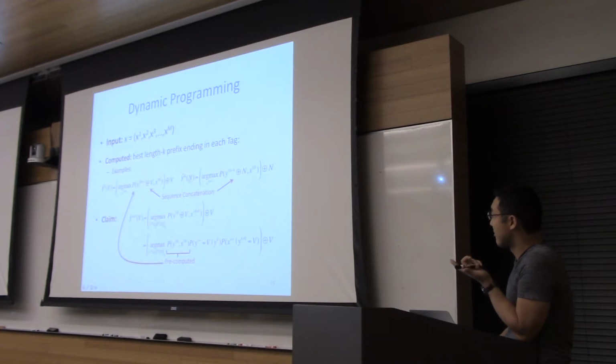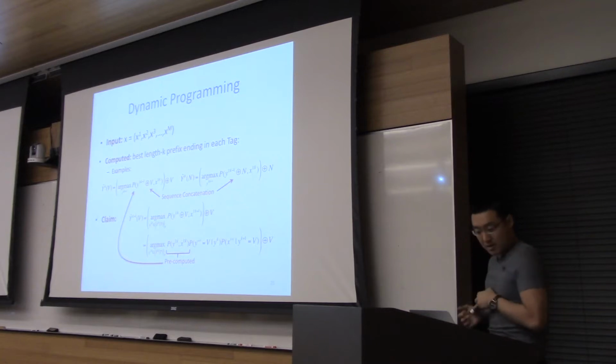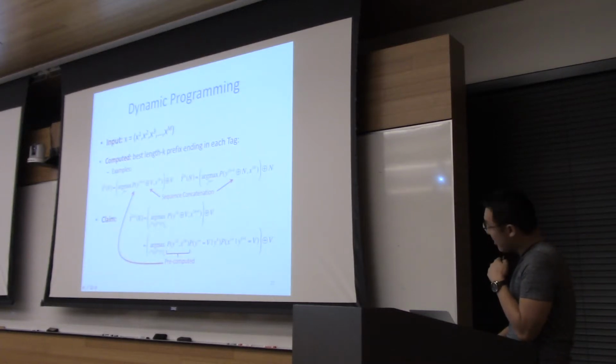This one refers to the best length K prefix subsequence that ends in the part-of-speech tag noun. The claim is that if you've pre-computed all of these, memoized the solution up to this point, the best length K plus 1 prefix subsequence that ends in verb can be computed using these previously computed solutions, without going over all possible length K prefix subsequences to find the best one.